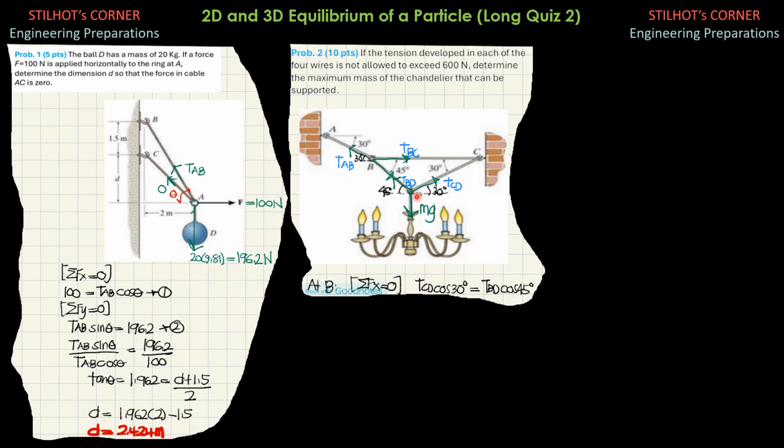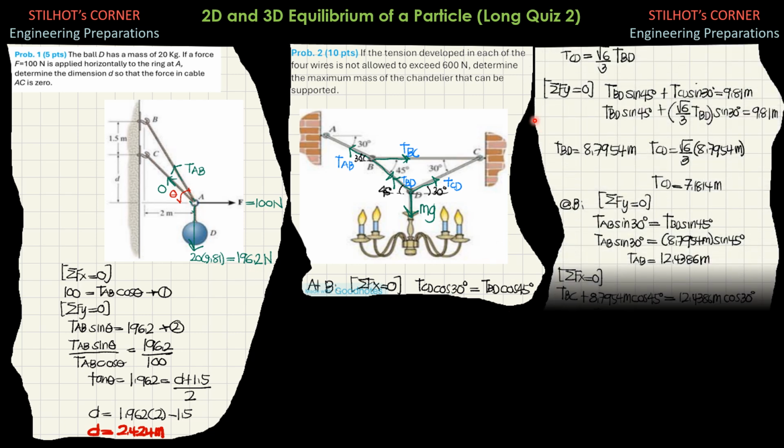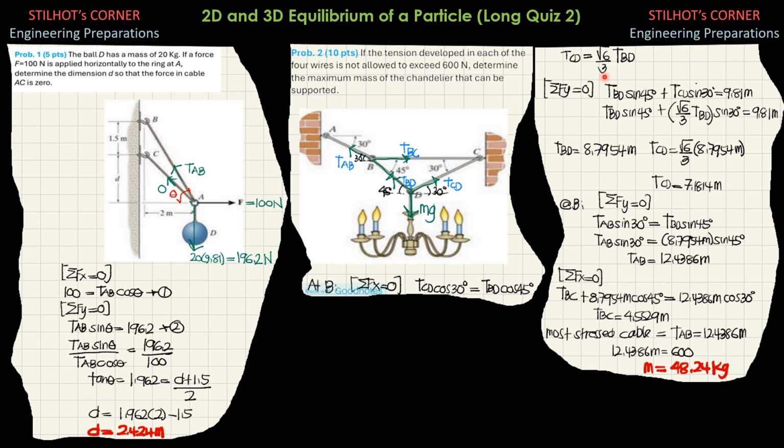So first we begin at B. Summation of forces horizontal equals 0, summation of forces X equals 0. So we have T_CD cosine of 30 degrees equals T_BD cosine of 45 degrees. So T_CD is equal to square root of 6 over 3 of tension BD.